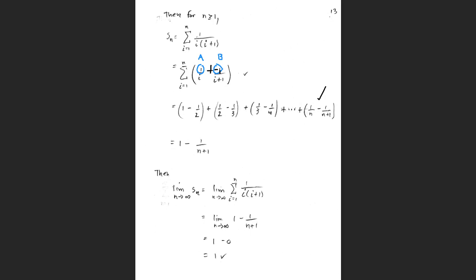Okay, so that's what I've done. I've taken this nth partial sum here, and I've expanded it out. And then I say, okay, well, this entire sum here equals 1 over 1, minus 1 over n plus 1.